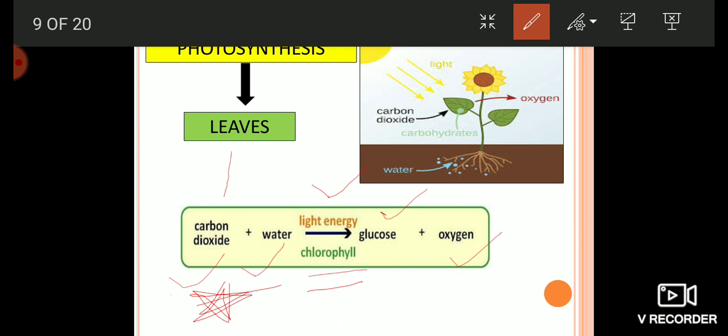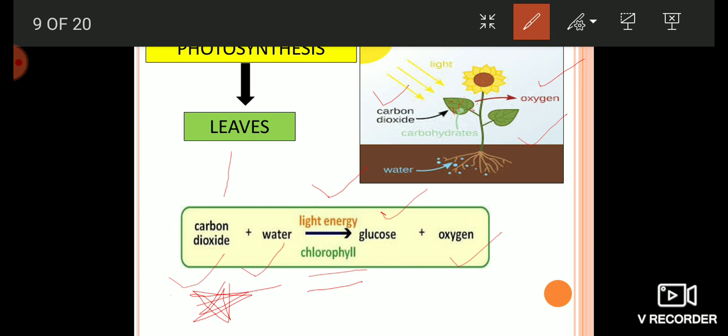You can see in this picture, the leaves have small openings or tiny pores, and they absorb carbon dioxide from the air and release oxygen into the air. Basically, stomata help in gaseous exchange.